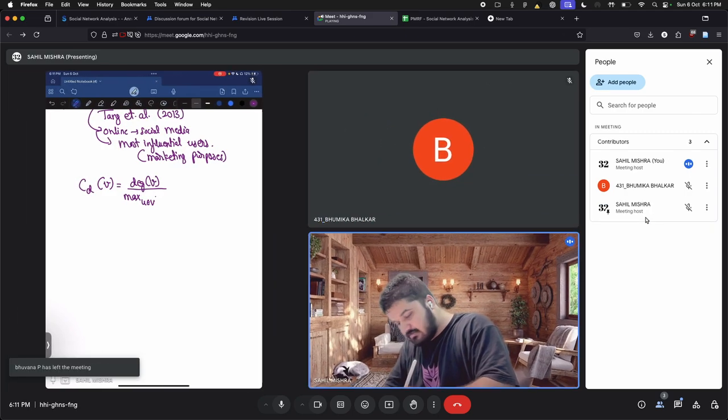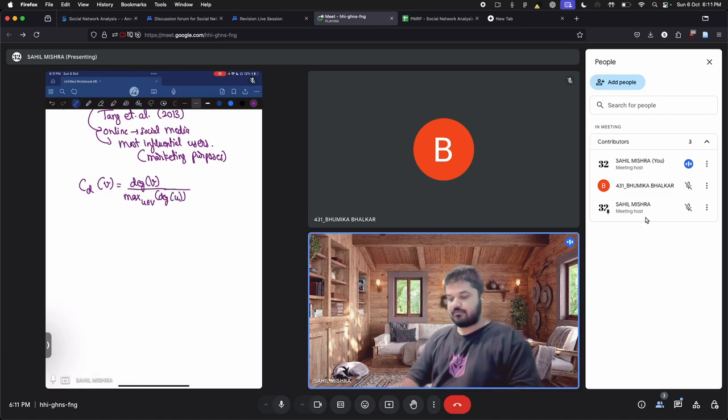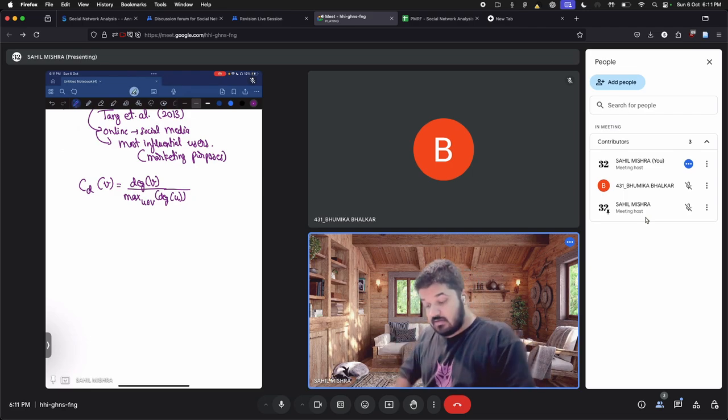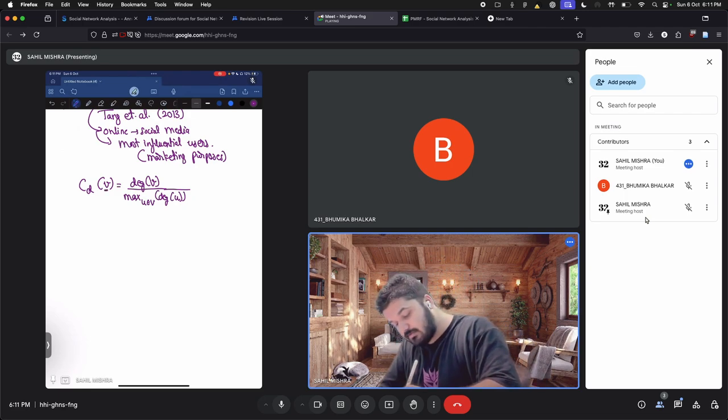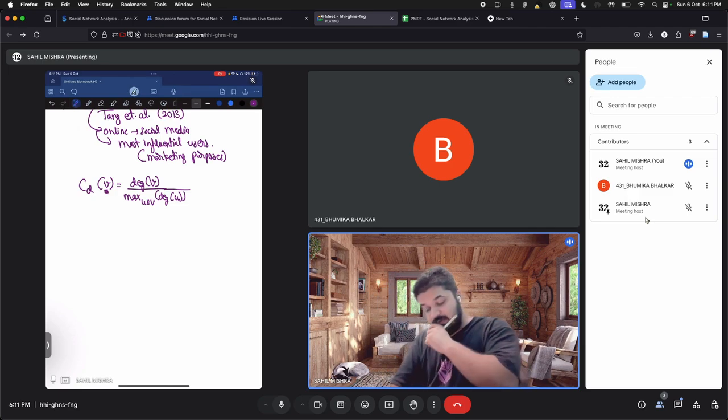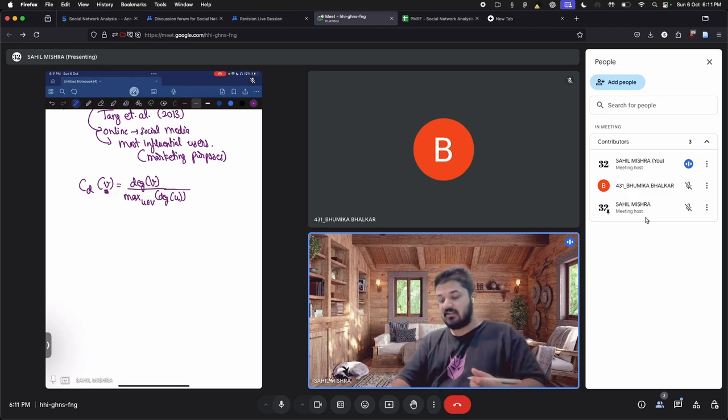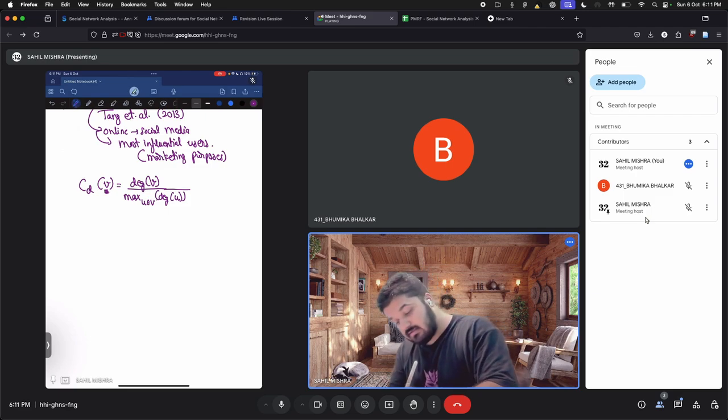I'll explain each term one by one. So this V is a node for which we have to compute the degree centrality. These are all the nodes present in the network because the graph is represented as G(V, E).